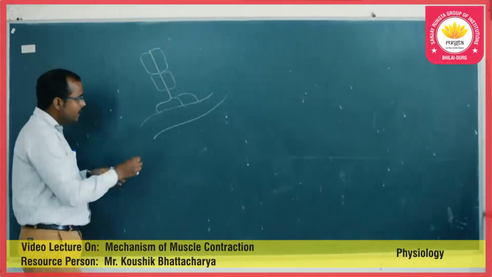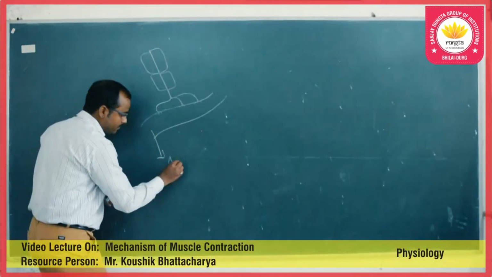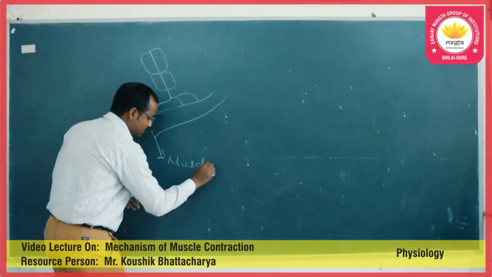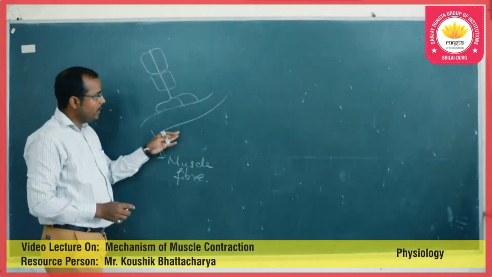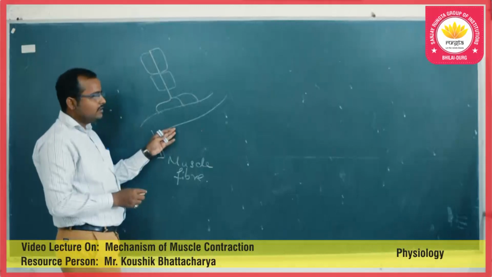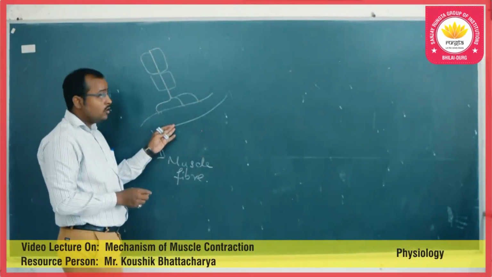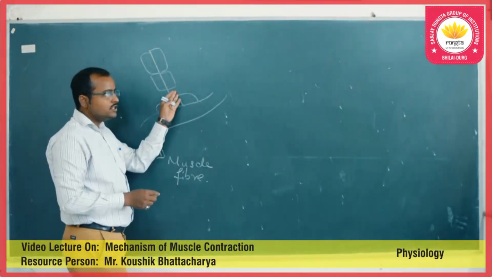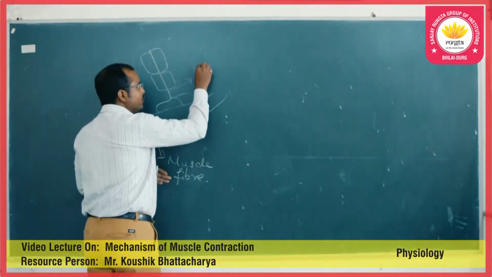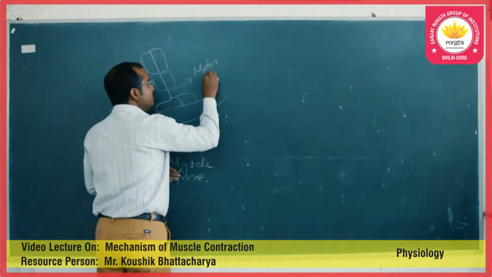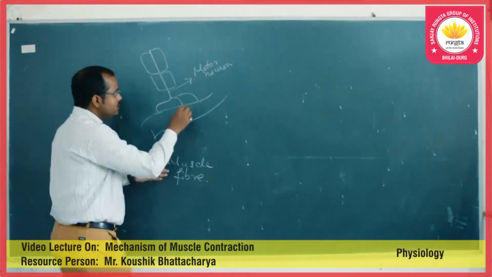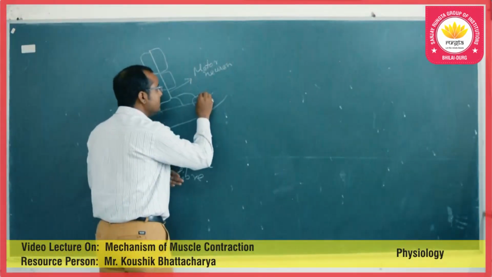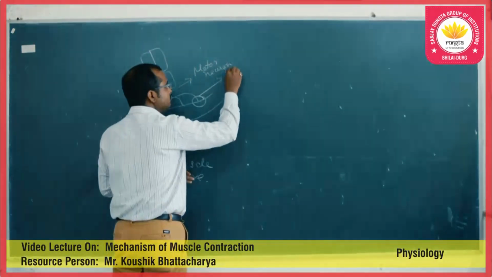So this one is a single muscle fiber. The connection in between this motor neuron, this one is the motor neuron, and the muscle fiber is known as the neuromuscular junction.